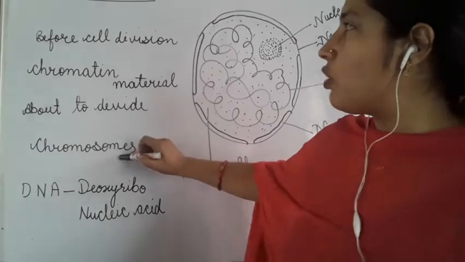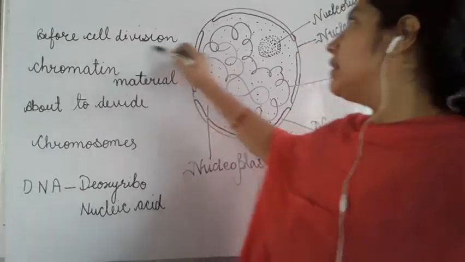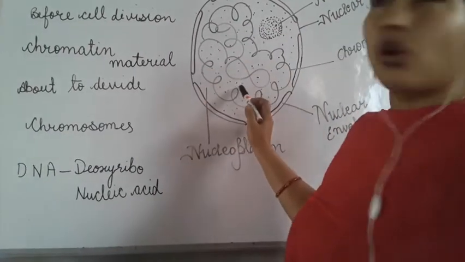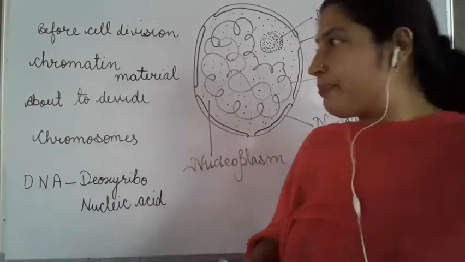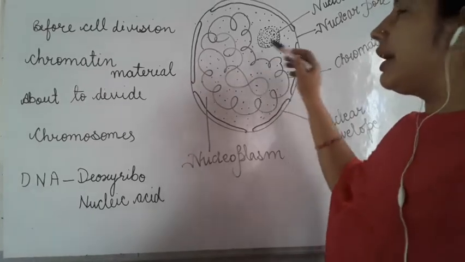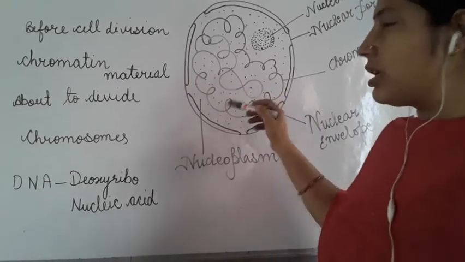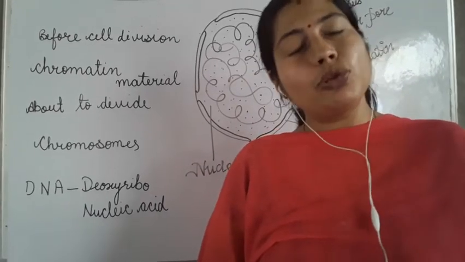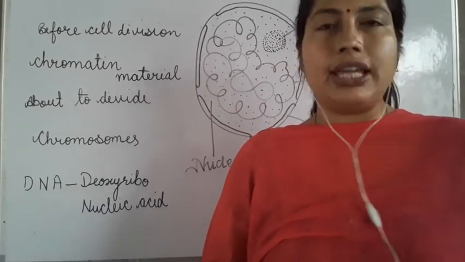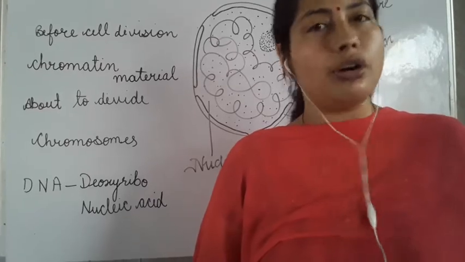What do we call them? Chromosomes. Chromosomes are thick rod-shaped structures, and they pass information from parent to offspring.